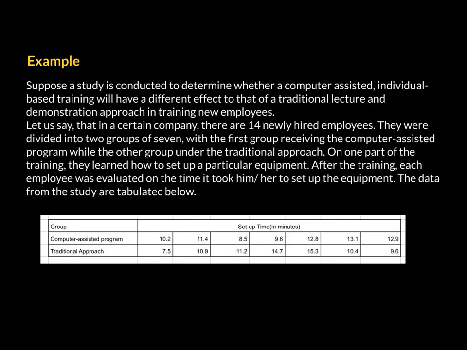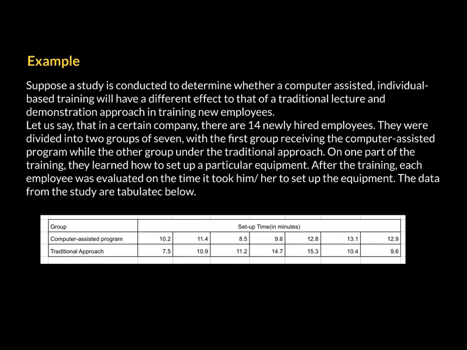Let us say that in a certain company, there are 40 newly hired employees. They were divided into two groups of 7, with the first group receiving the computer-assisted program, while the other group was under the traditional approach. On one part of the training, they learn how to set up a particular equipment. After the training, each employee was evaluated on the time it took him or her to set up the equipment.